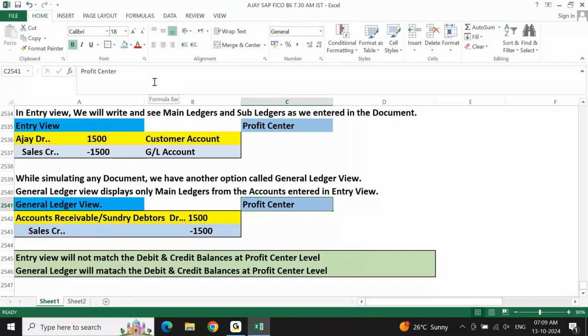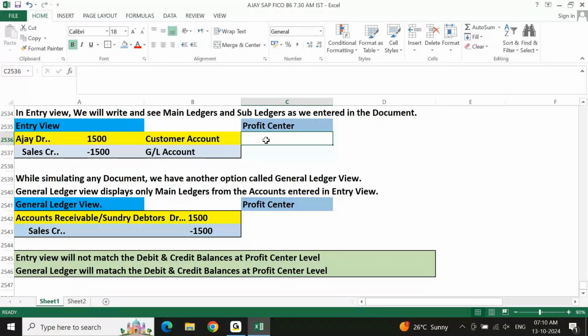Main ledger. Document splitting, we understood it is applicable only for the main ledger, not applicable for the subledger. While recording my entry, whenever you post any debit and credit, are we going to update entry view or general ledger view?